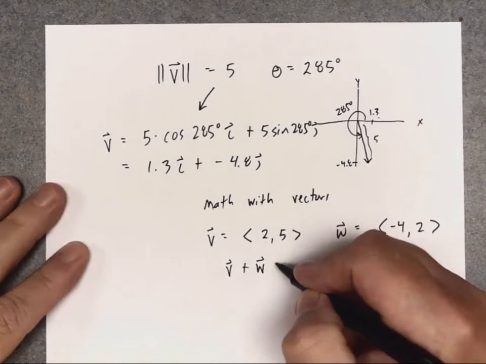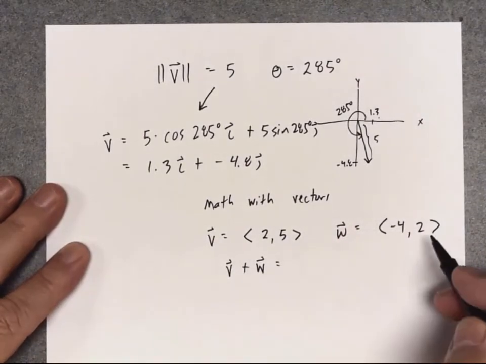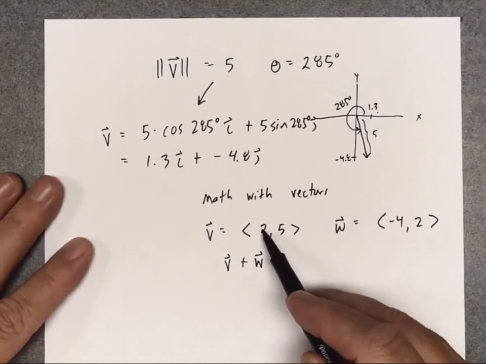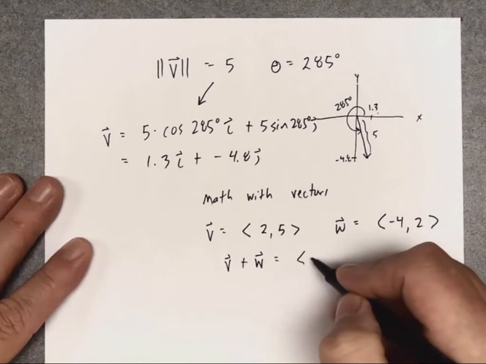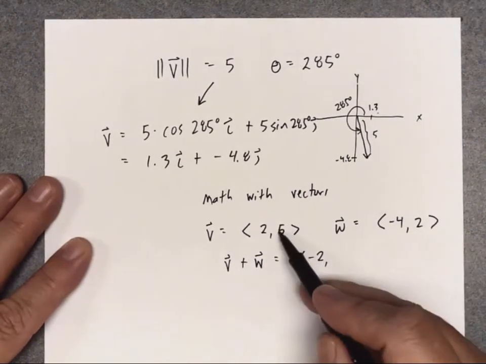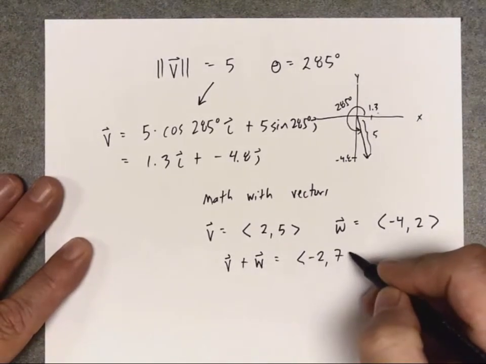Well, it's very straightforward. When you add two vectors together, you simply add the x parts. 2 plus negative 4 is negative 2. 5 plus 2 is 7.